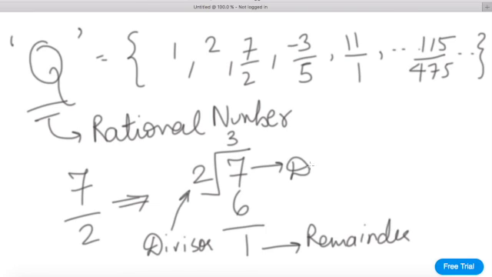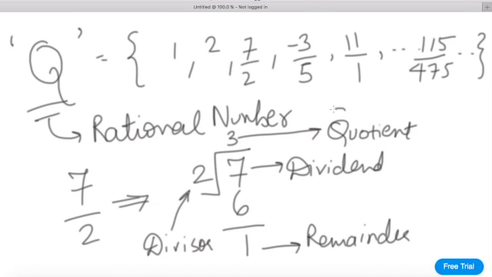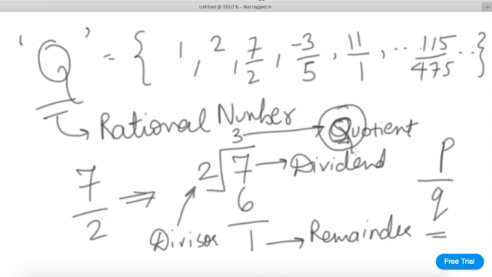This is the dividend. And this is the quotient. We saw that this is the quotient. The alphabet Q comes from this quotient, and hence mathematicians have given Q as the alphabet to denote rational numbers. So thank you guys.